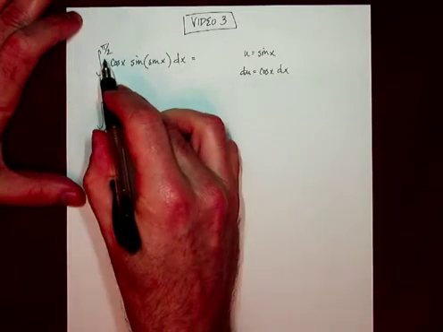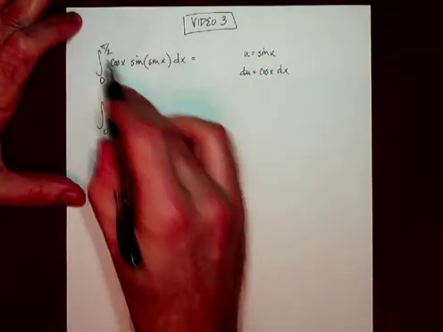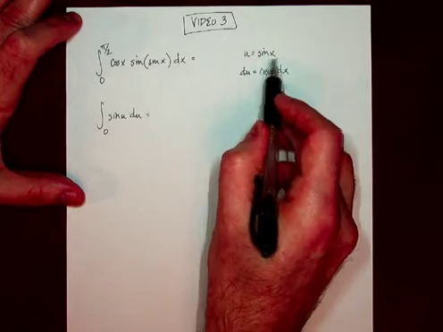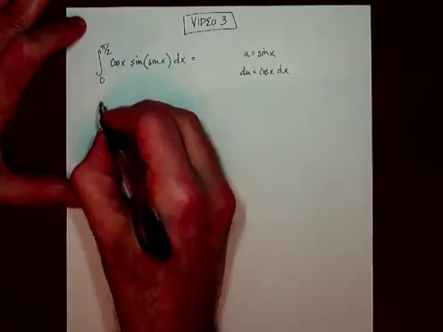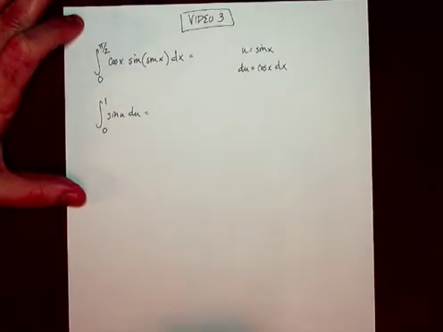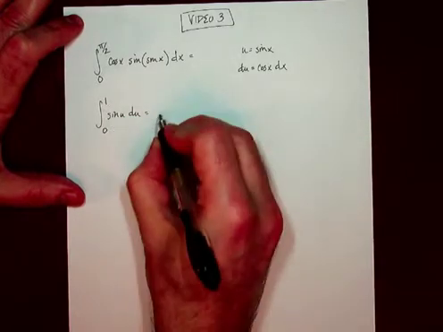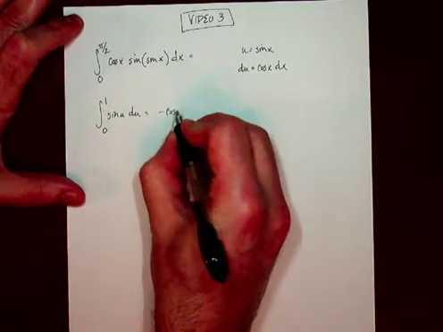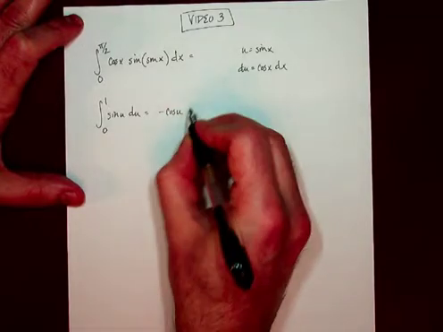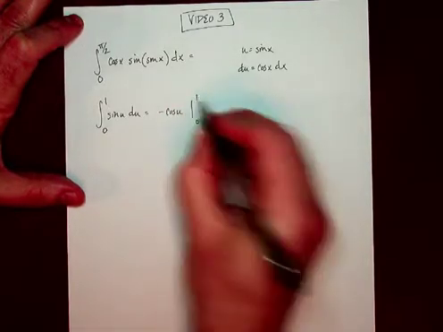When x is pi over 2, sine x is going to be 1. So basically I need to integrate sine u du. We've already seen that in one of the previous videos. It's negative cosine u from 0 to 1.